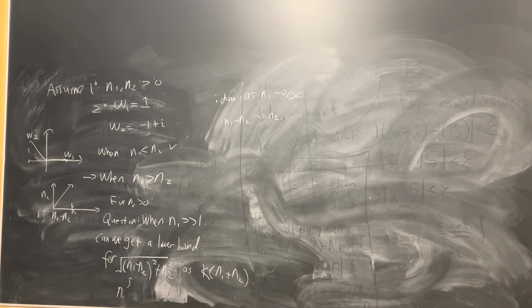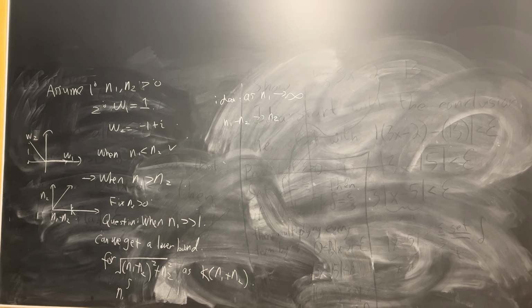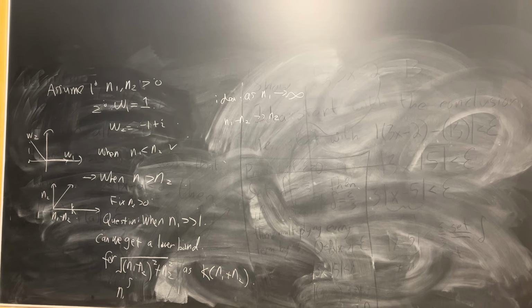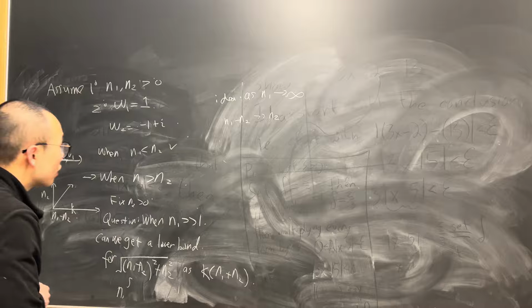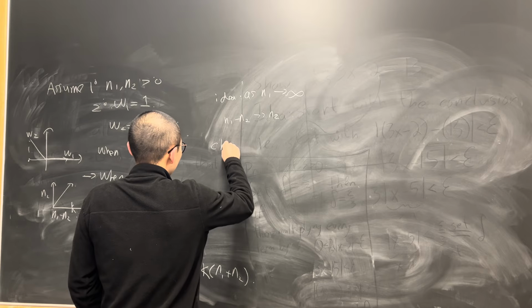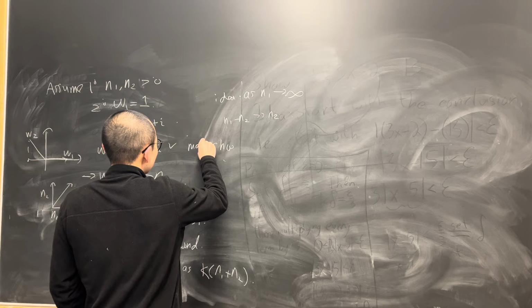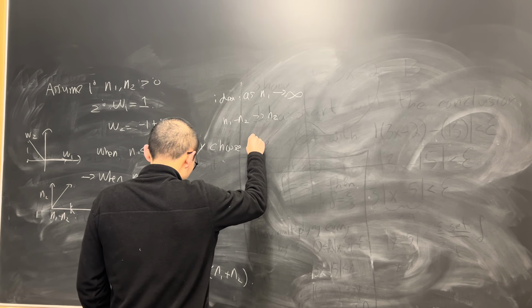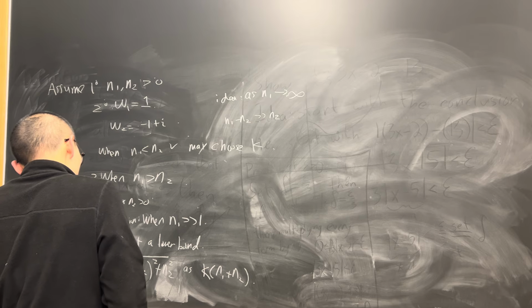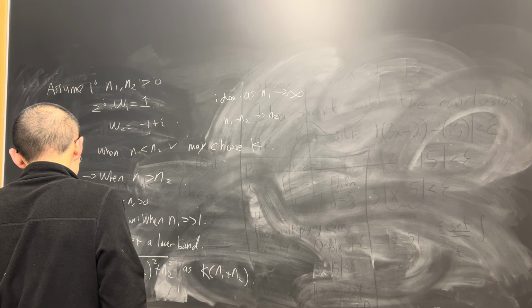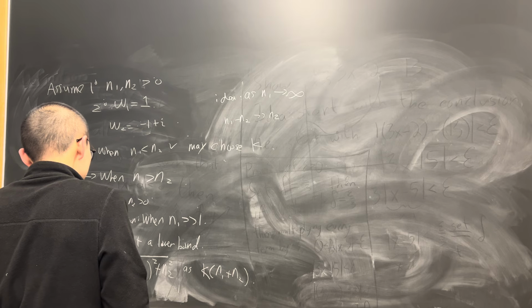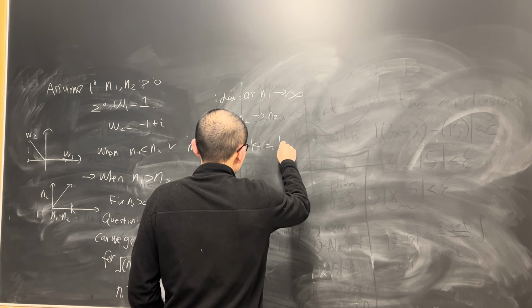You can always make K small, such that N1 plus N2 times K is strictly smaller than this quantity. So we may choose K equal to 1/2.